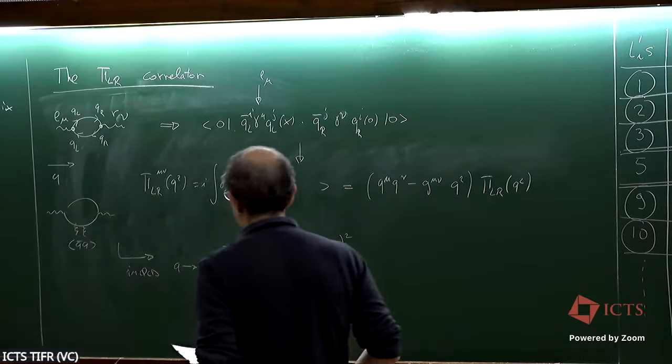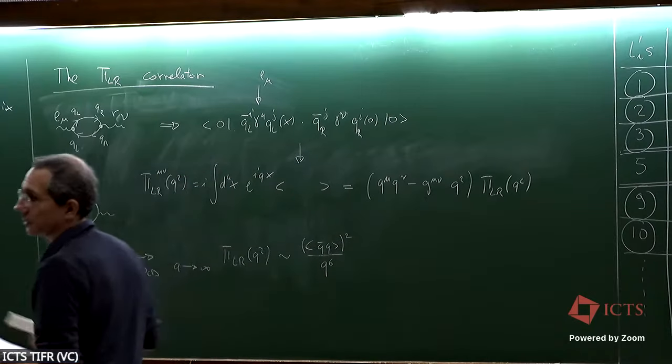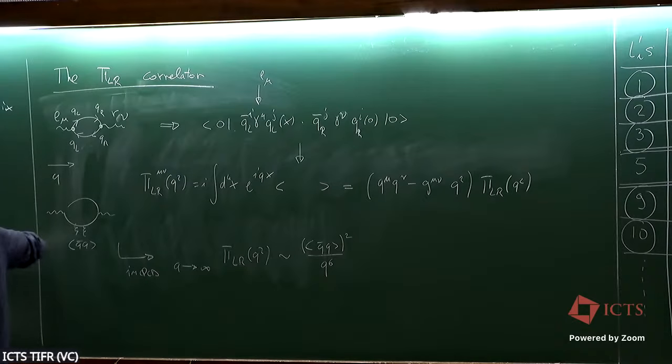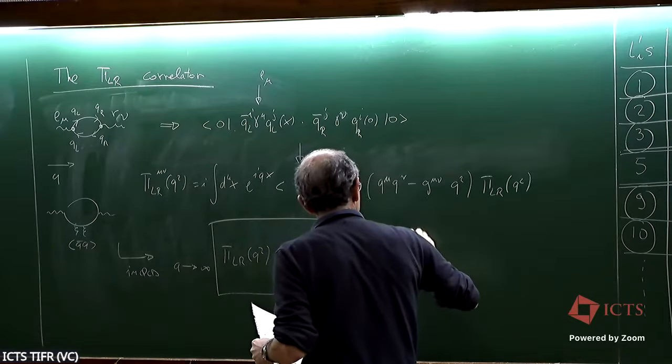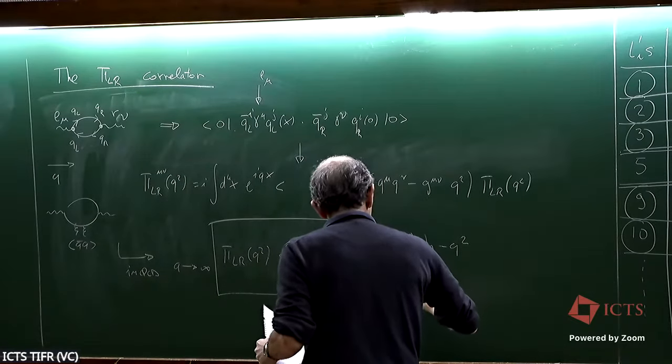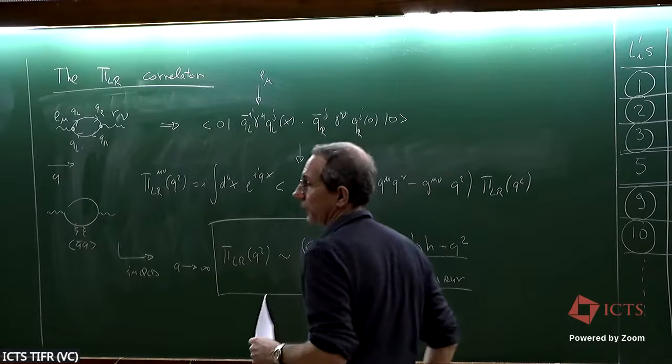Now, what happens when we put in our resonances? Oh, sorry for this messy use of the blackboard, okay. So then I can compute that. We have seen the behavior, at least I hope you trust me on the behavior at large Q squared, which comes from QCD.